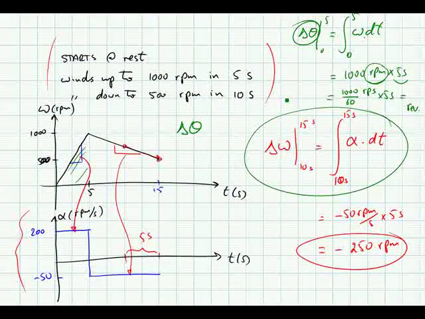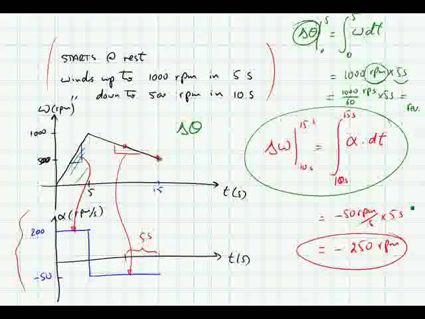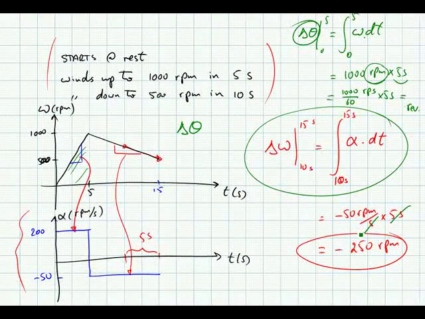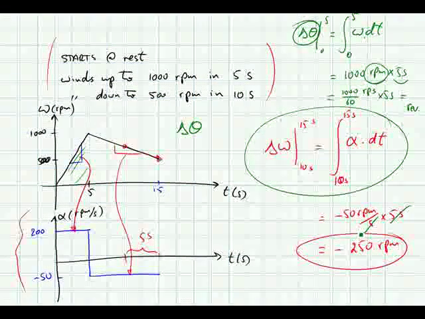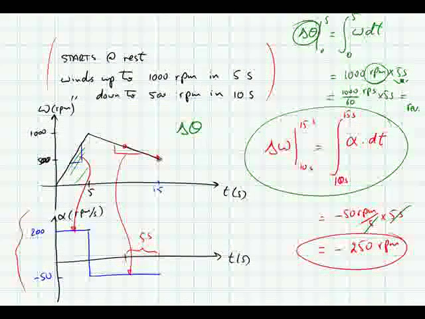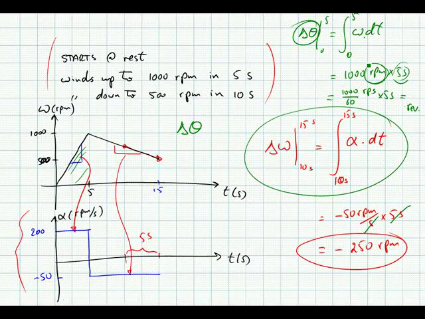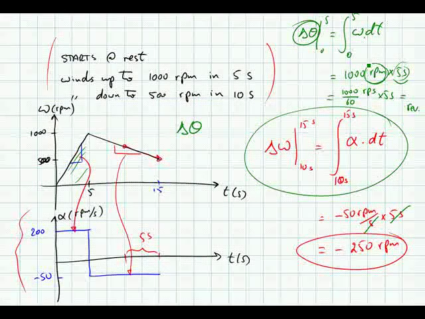In the first example I didn't pay attention to that because the seconds here and the seconds down here cancelled out. I only ended up with RPM, which is what the problem was after. But here, because I'm multiplying seconds with angular velocity, I have to make sure my units match.